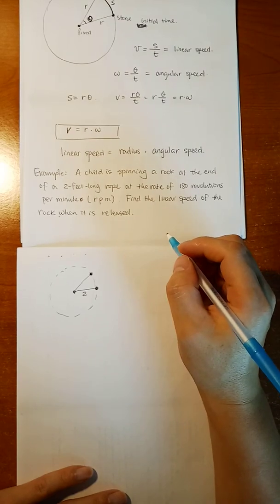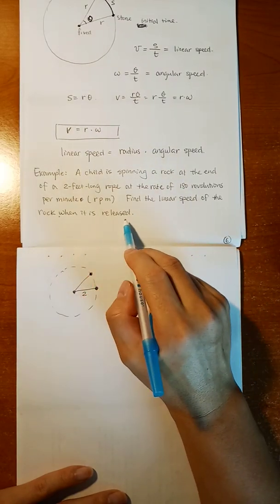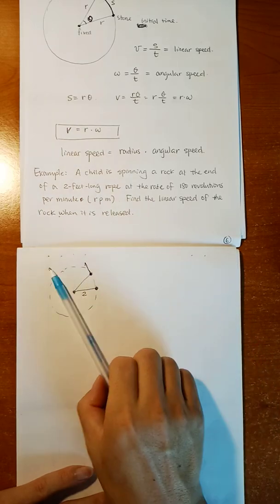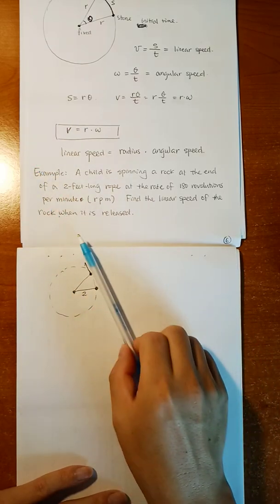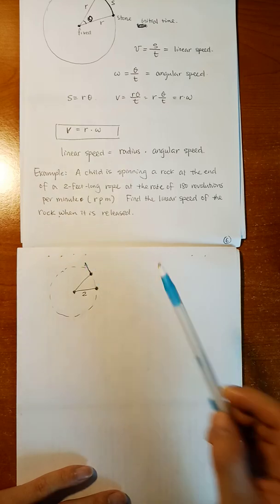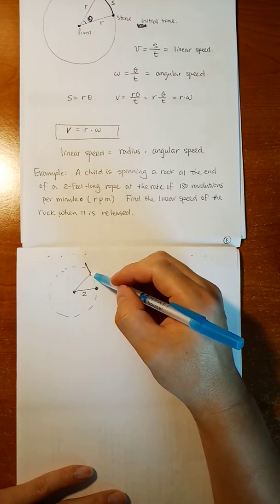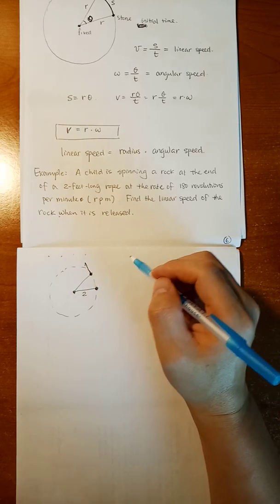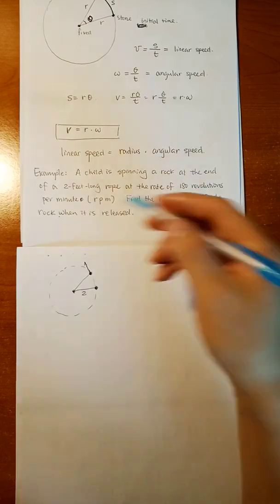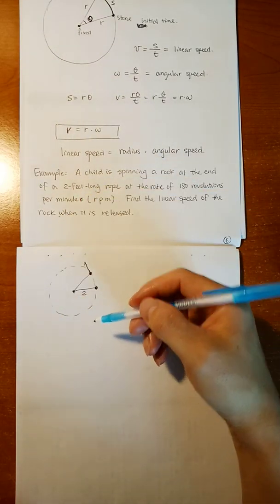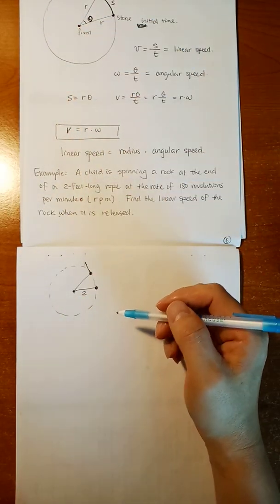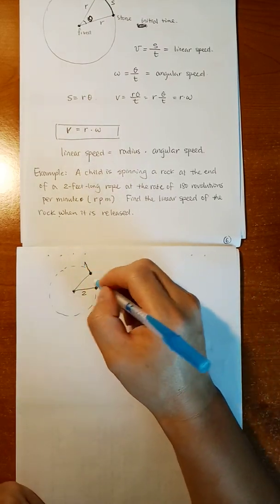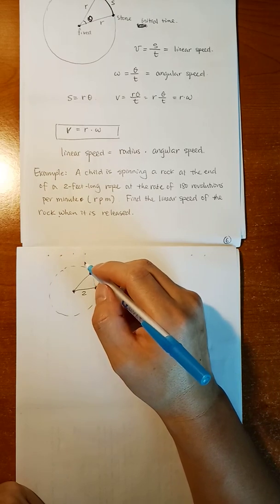Whenever the rock is released, it will move in this tangent direction, and it has the original linear speed. Once it is released, you do not hold it, so it does not move along the circle. It will move along the straight direction, and that straight speed is the linear speed.